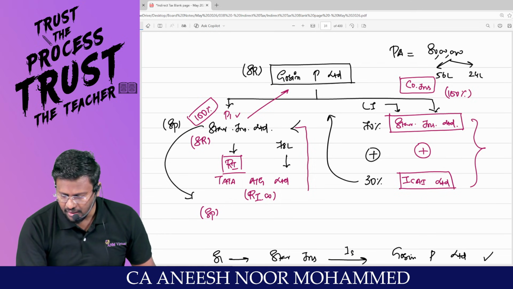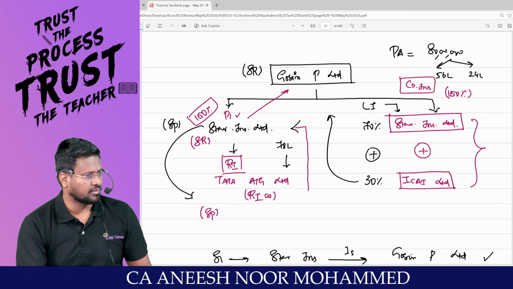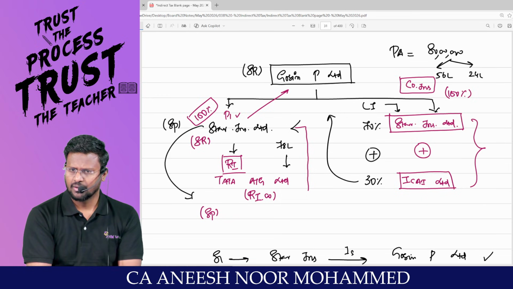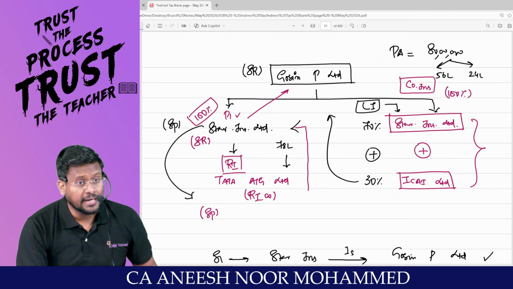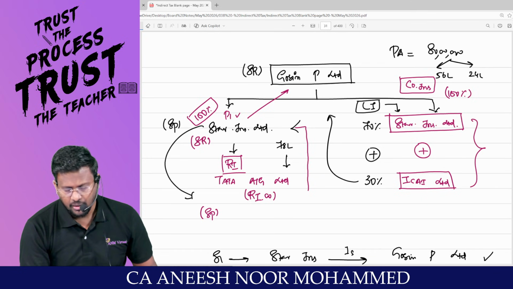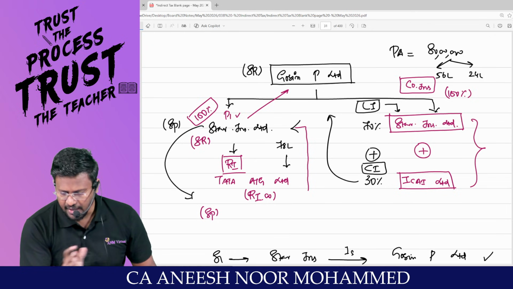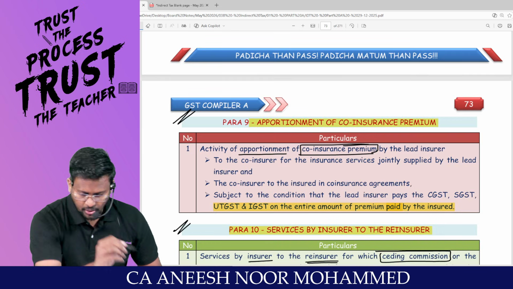They have entered insurance with Star Insurance and ICAI Limited. Correct? Two co-insurers are there. In this, one party is the lead insurer. Other party is the co-insurer. Who is the lead insurer? Star Insurance Limited. Who is the co-insurer? ICAI Limited. Look here.